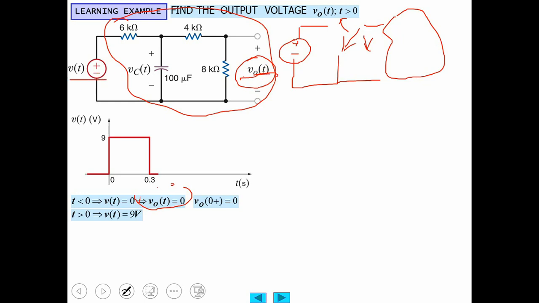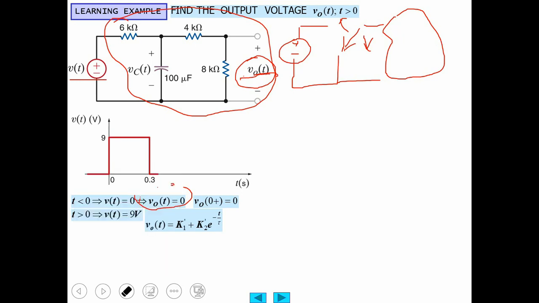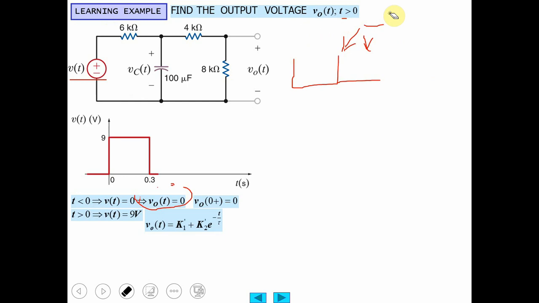The source voltage switches to 9 volts. And so we have the equation with K1 prime and K2 prime. Now let's get some erasing done here. There we go.